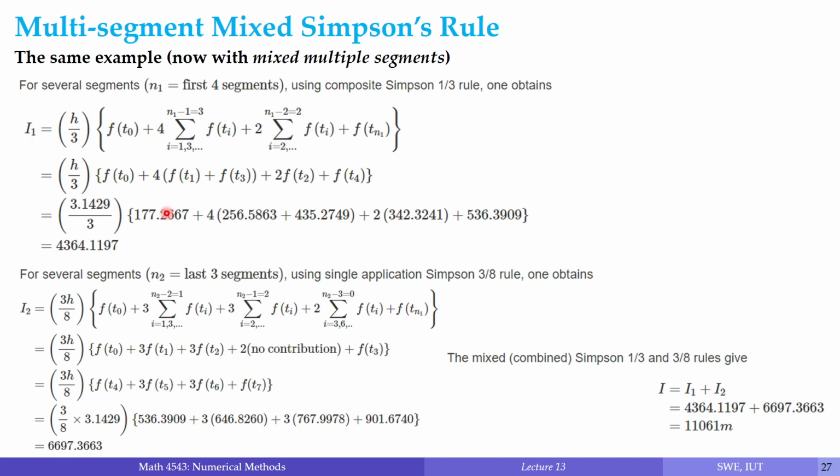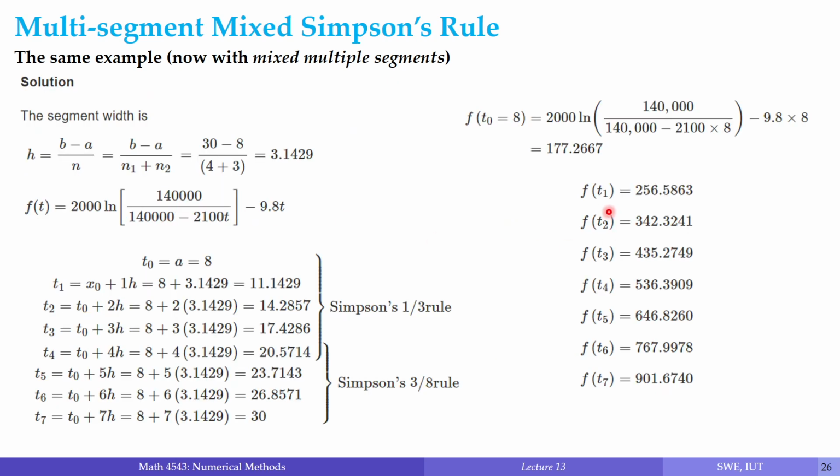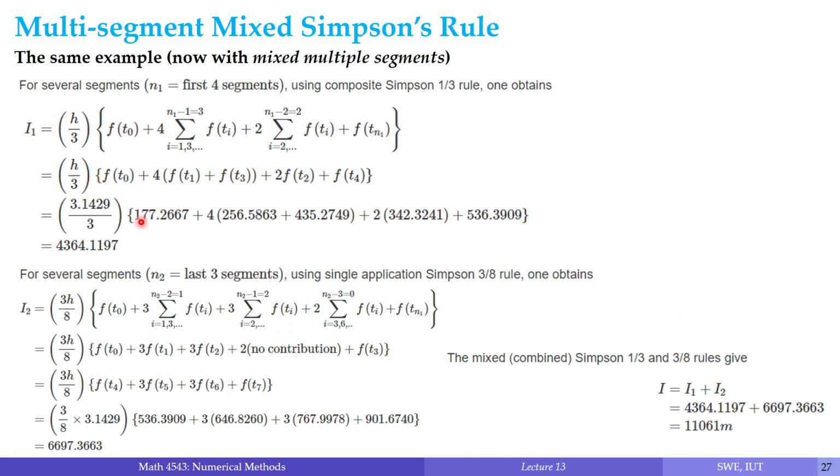Since we already know the f of ti values, we can sum them up according to the formula and multiply by h/3. We also know the value of h. This gives the I1 value, which is 4364.1197. And for I2 we need to apply the formula of the Simpson's 3/8 rule.